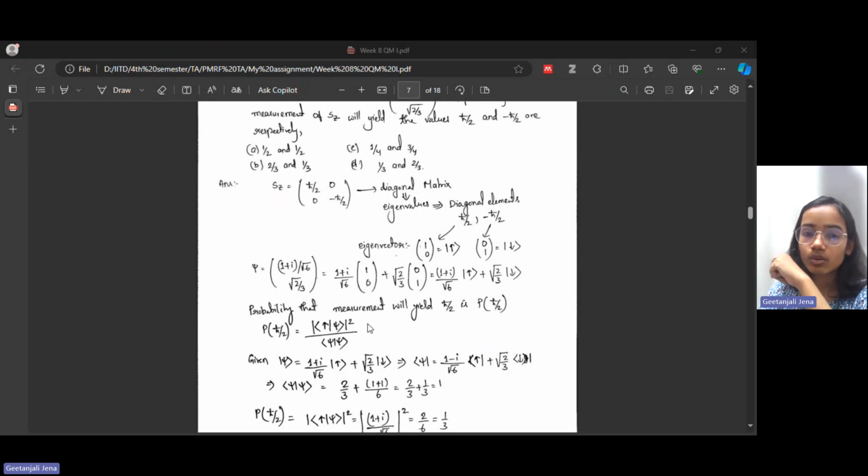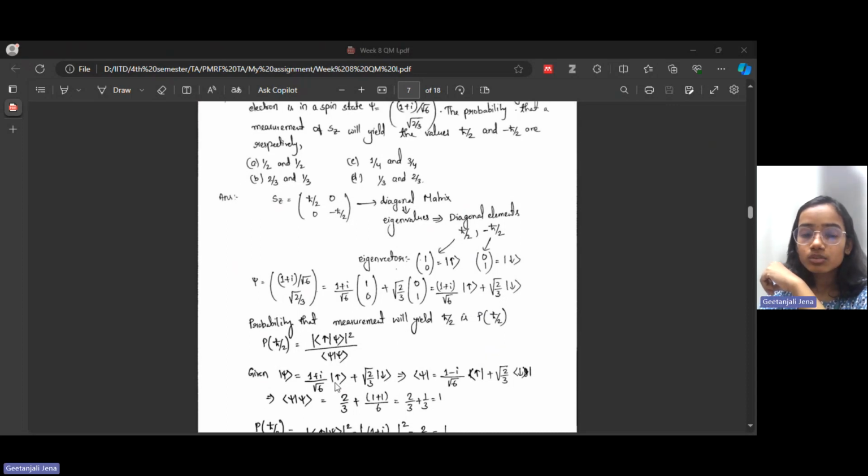According to the quantum mechanics postulate, the probability will be the square of the inner product of this up state with psi, divided by the norm of psi. If you check whether psi is normalized, you will find that the inner product of psi with itself is 1, so psi is normalized.